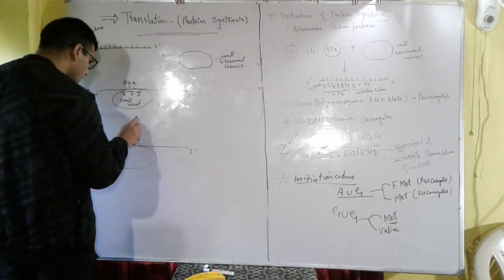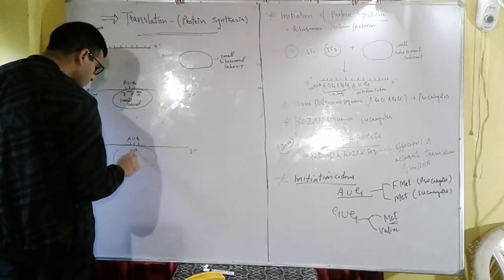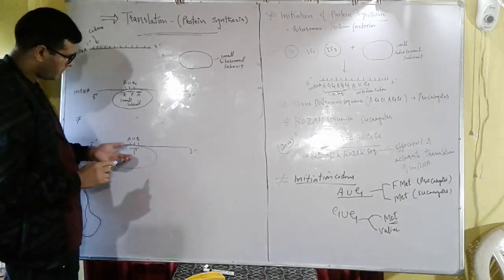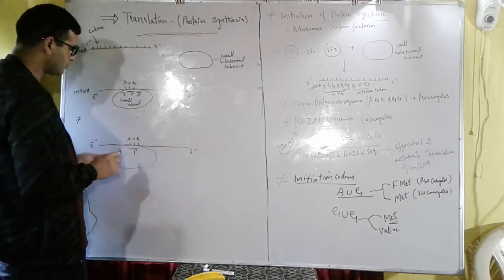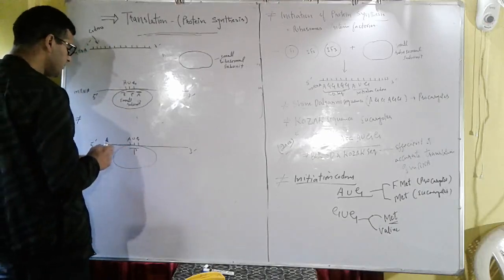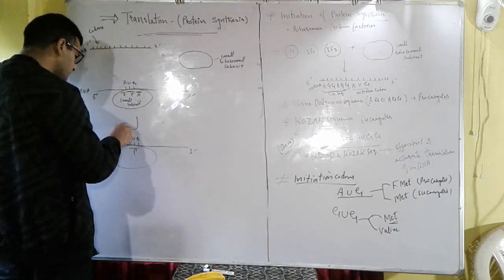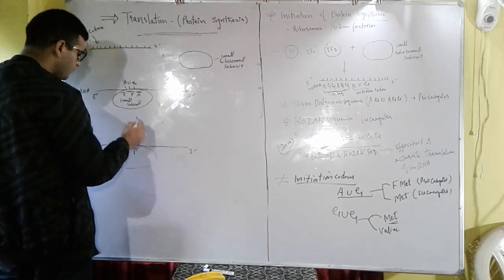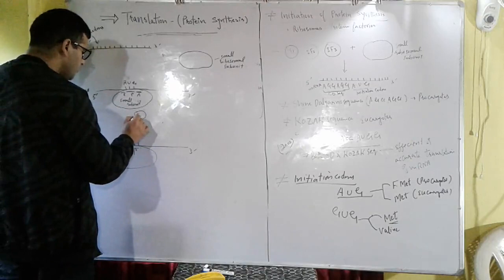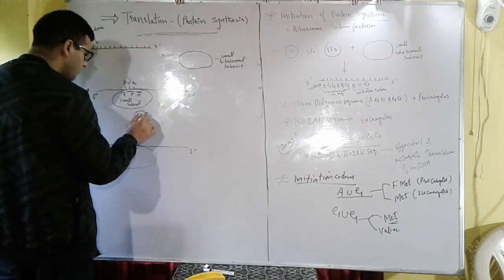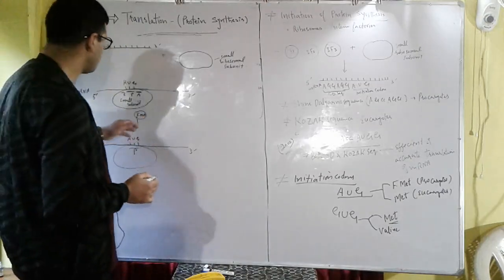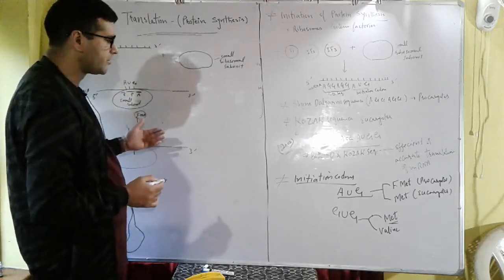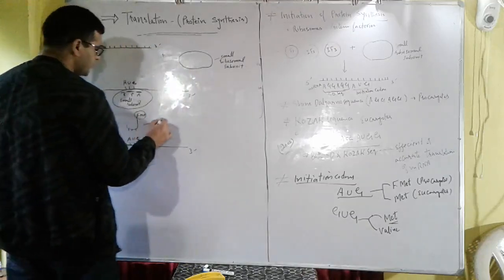The first tRNA will come via the P site of the ribosome. So it would be like this. For example, this is formyl methionine. Formyl methionine in prokaryotes and methionine in eukaryotes is the first initiator. This is the initiator tRNA.